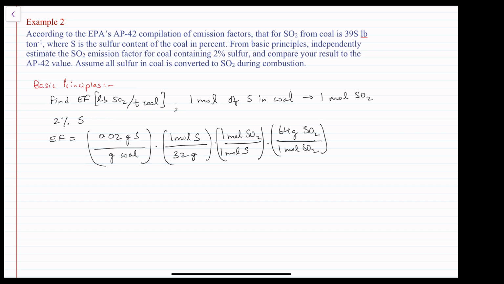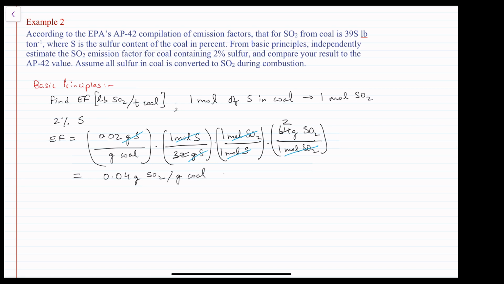So grams of sulfur cancels out here. Actually, this should be grams of sulfur, right? So cancel out the grams of sulfur, mole of S with mole of S, mole of SO2 with mole of SO2. And since we need it in tons, let's just calculate this for now. If we calculate this, we get 0.04, because basically 32 times 2 is 64, so that's 0.04 grams of SO2 per gram of coal, right?